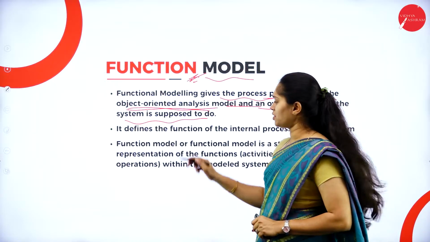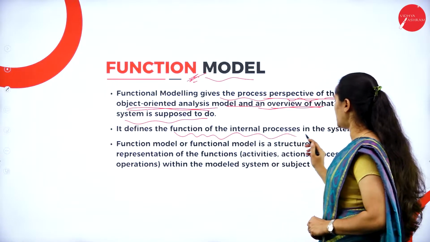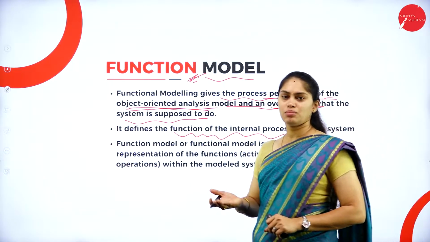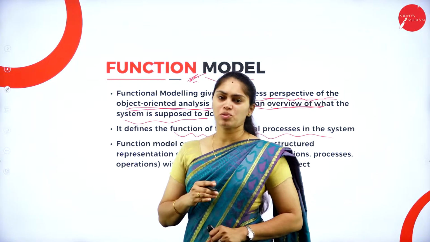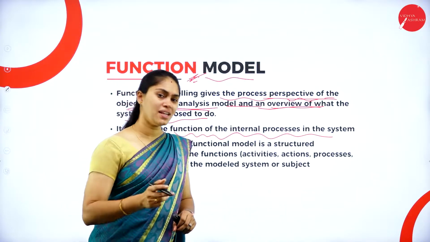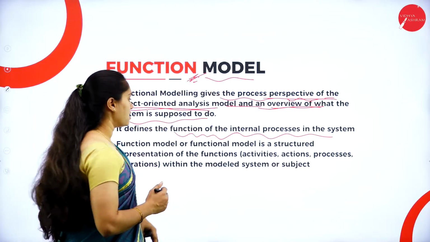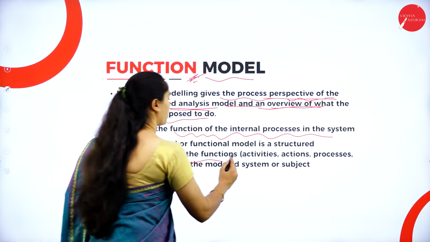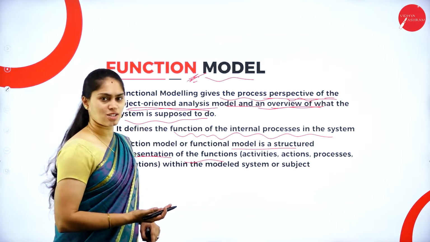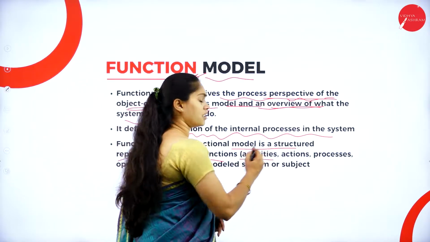And also mainly it will define the function of the internal process in the system, the external process, and also the internal process. It is a structured representation of the function, and what that function consists of. It will include certain activities.